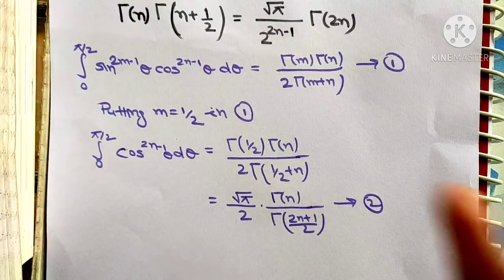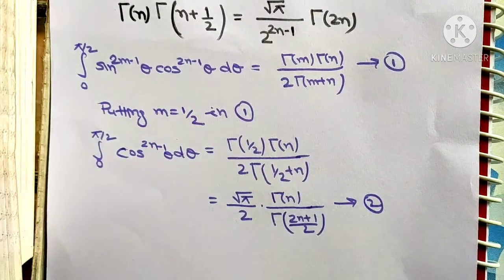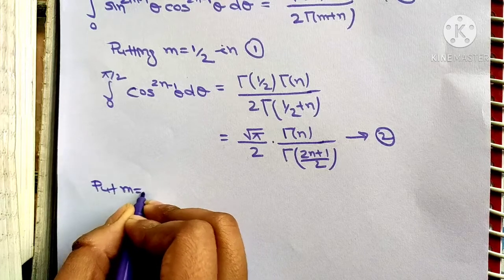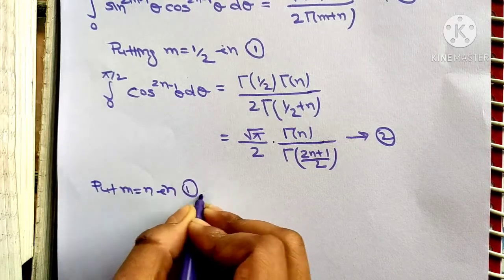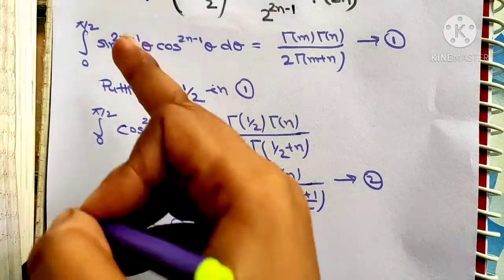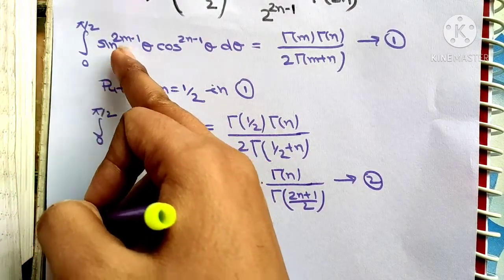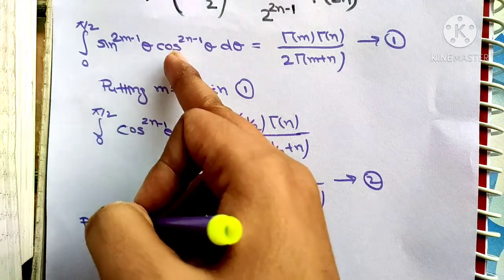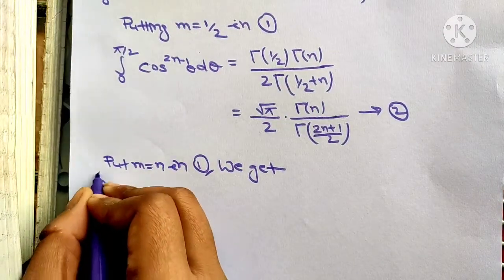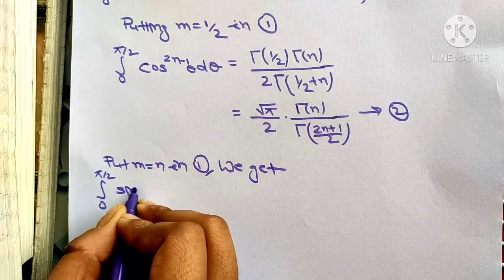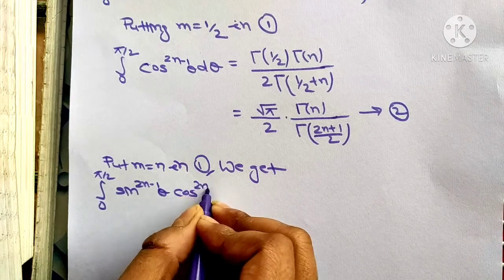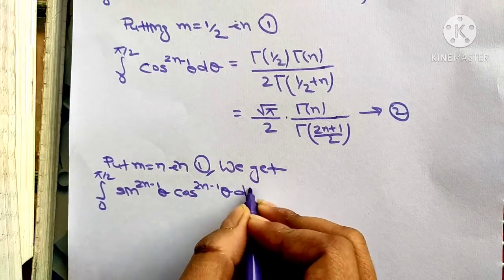Now we are again putting m equals n in equation 1. From equation 1, we get the integral from 0 to pi by 2 of sin^(2n-1) theta cos^(2n-1) theta d theta.